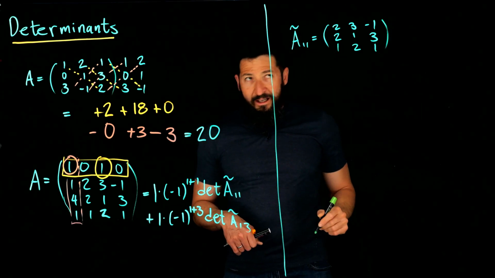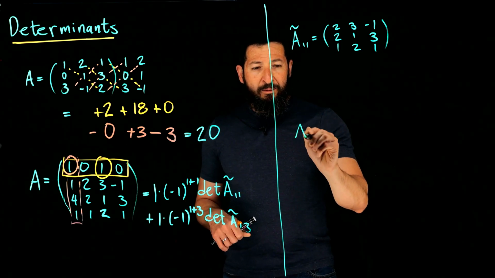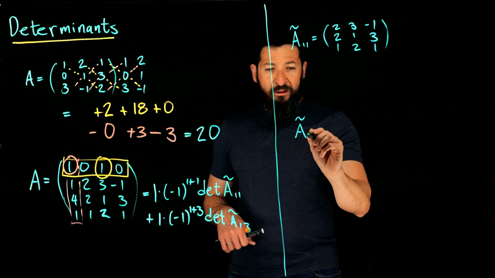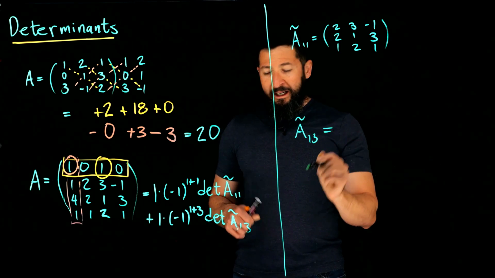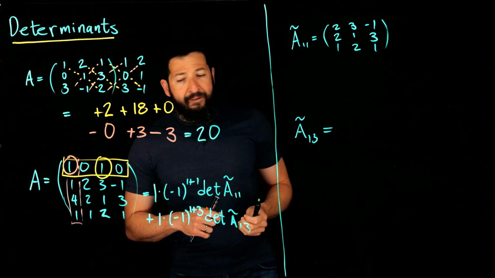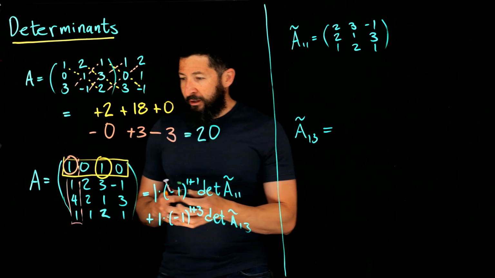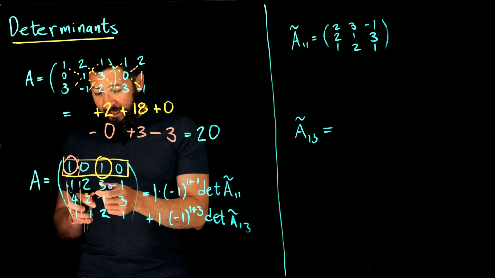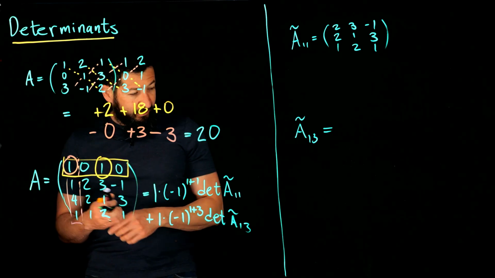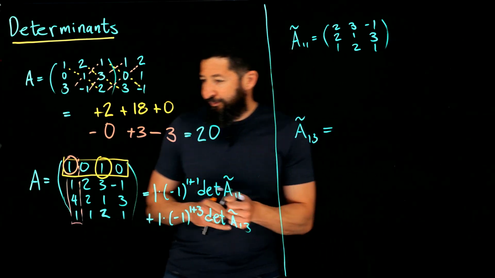And then my matrix A, I'm going to write it down here so I have space for the calculation. A1,3 tilde will be the matrix A where I eliminate the first row and third column. So now I'm going to be eliminating this one over here. So let me grab my blue marker.